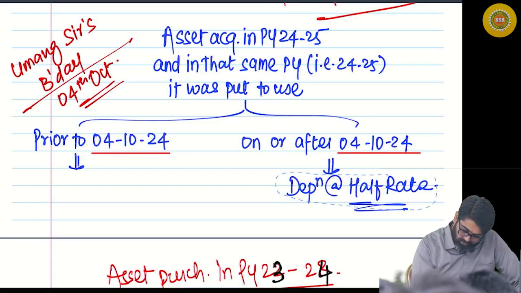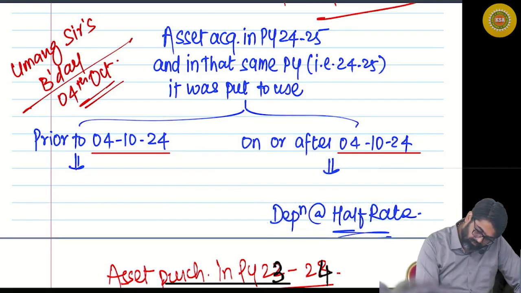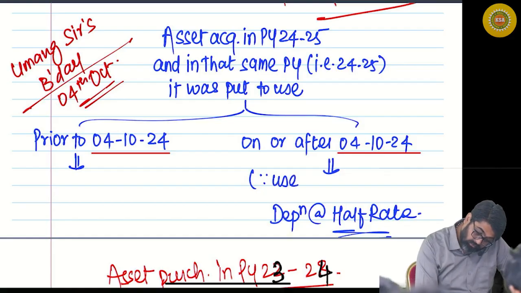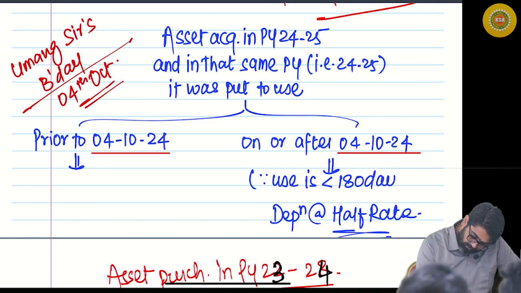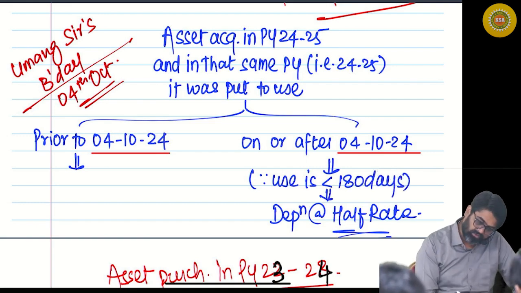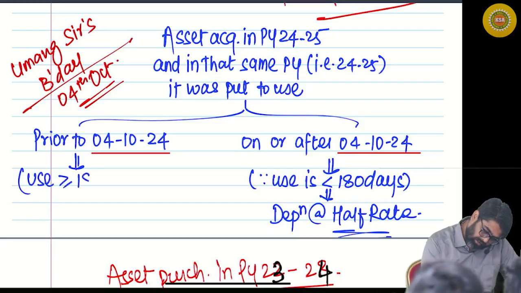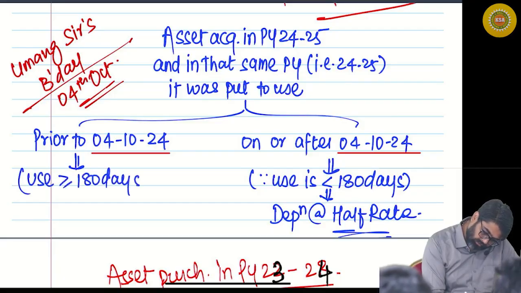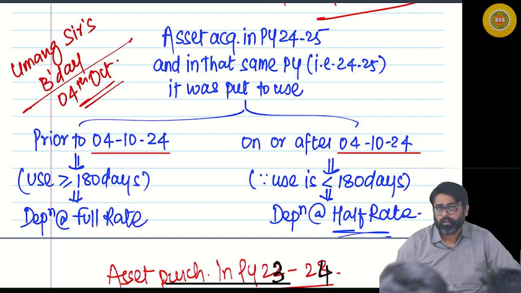Here, what are you going to do? Depreciation at full rate. Since use is greater than or equal to 180 days. And here, use is less than 180 days, hence depreciation at half rate.